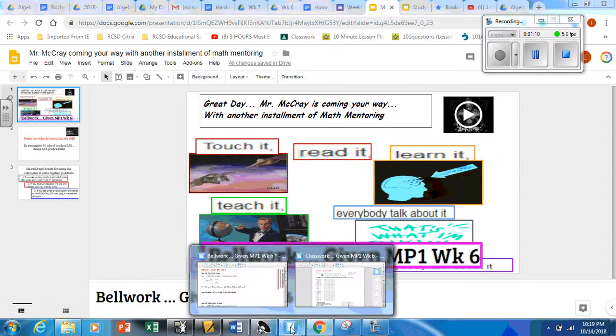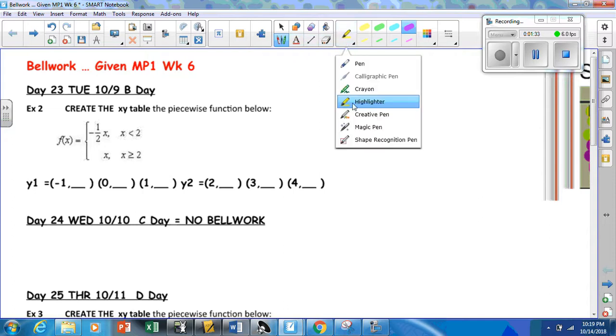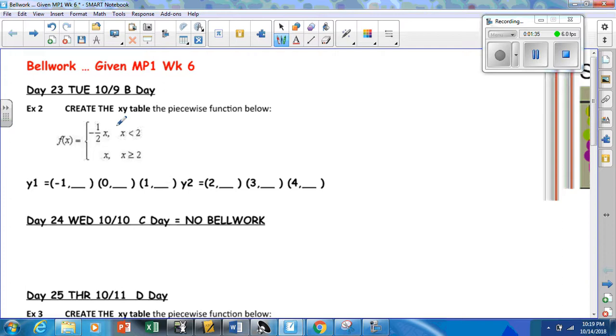Bell work. So let's consider the first question. It says, create the XY table of the following piecewise function that you see below. So we see that in the following question, when x is less than 2, this function is going to be the function that we focus on.